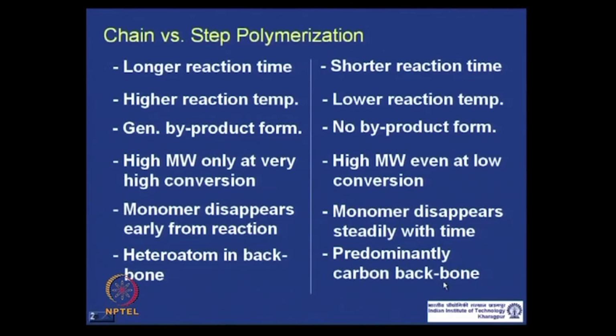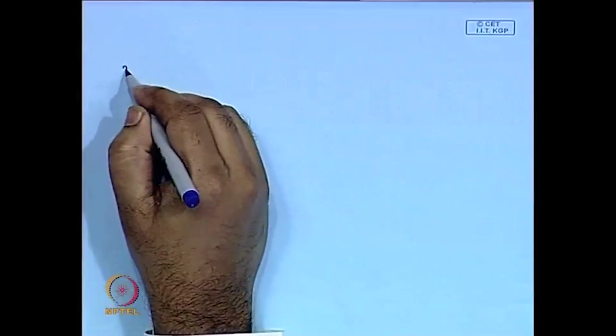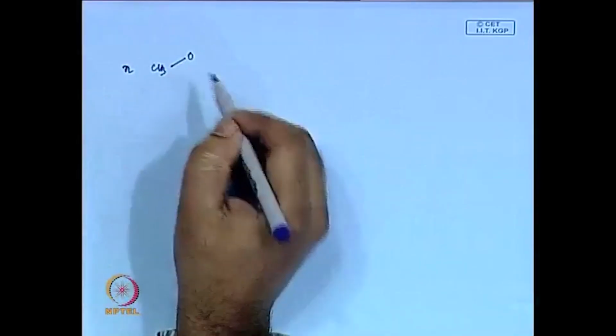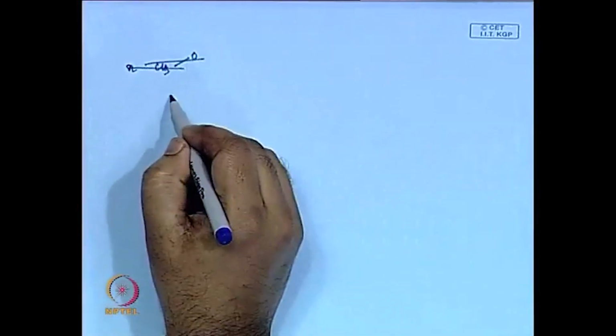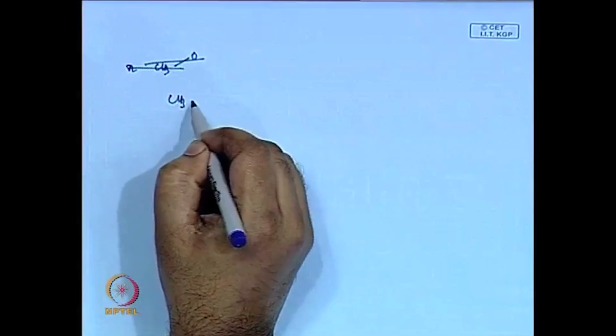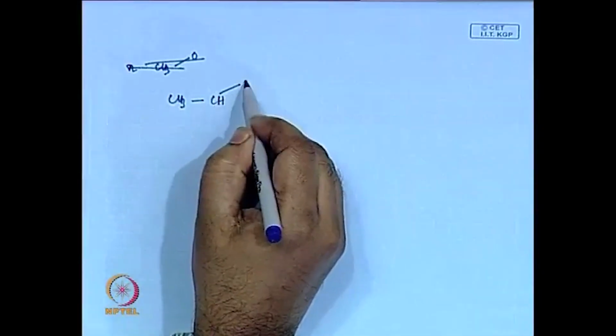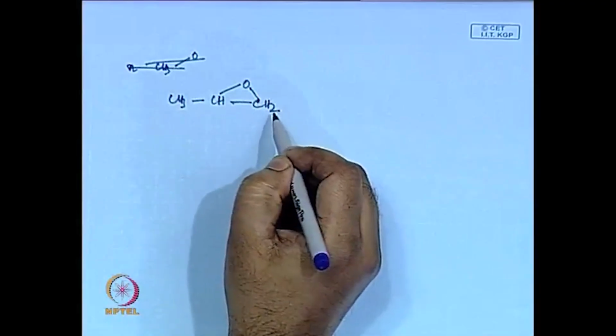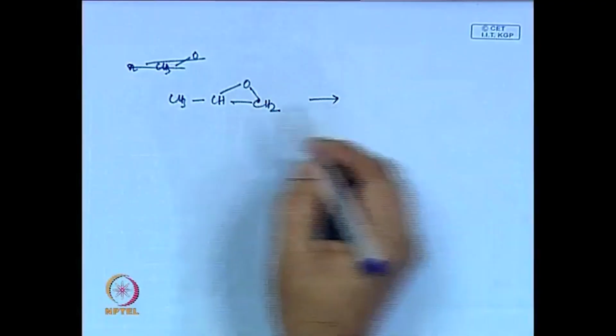Now, this classification of step and chain growth polymers is also not completely unambiguous. For example, if I have a monomer like propylene oxide, and I make a polymer from this.